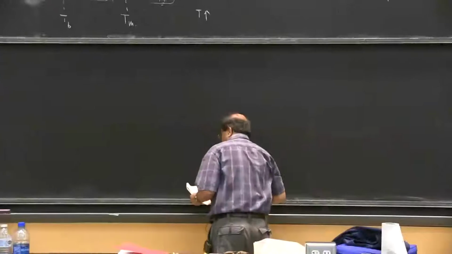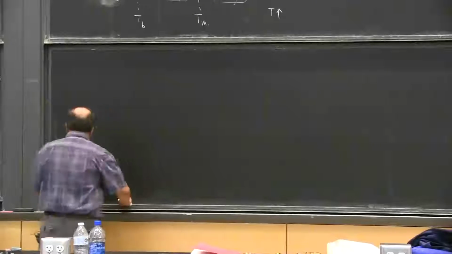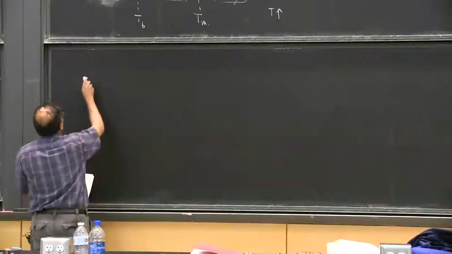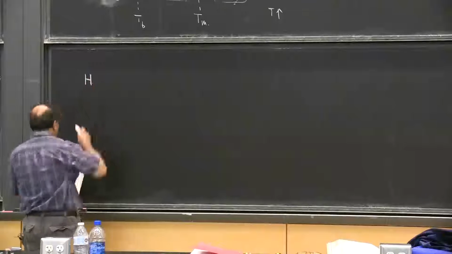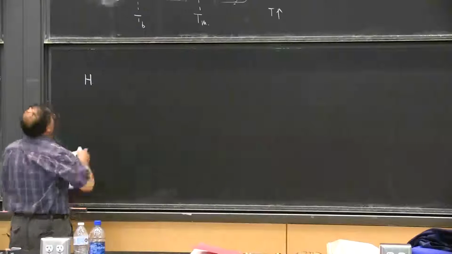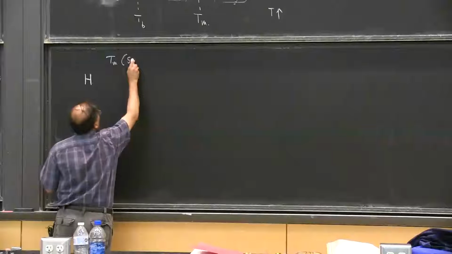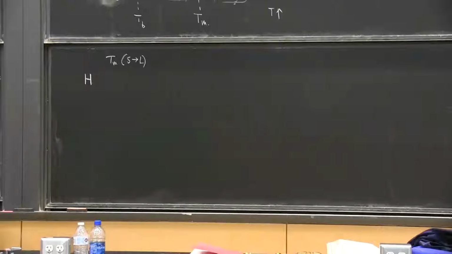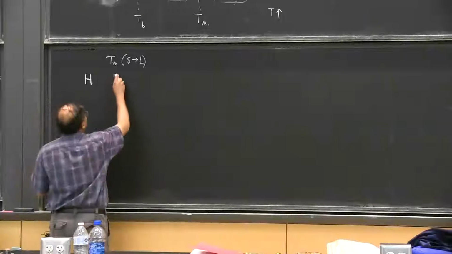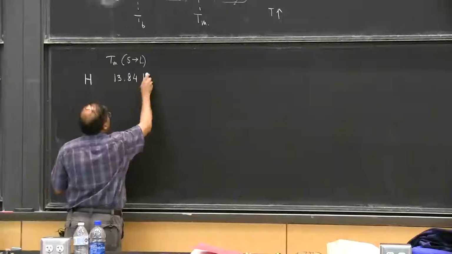So this is not something I want you to memorize, but just to give you an example of what's involved. So if you have material like hydrogen, for example, which we mostly see as a gas, the melting point of hydrogen, so this is where it goes from solid hydrogen to liquid hydrogen, or vice versa, occurs at 13.84 degrees Kelvin.